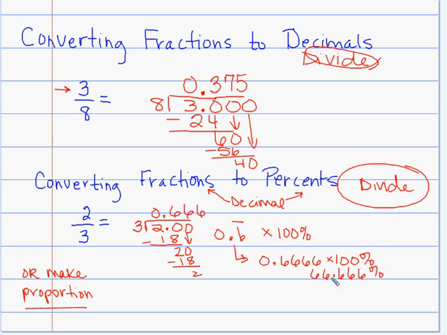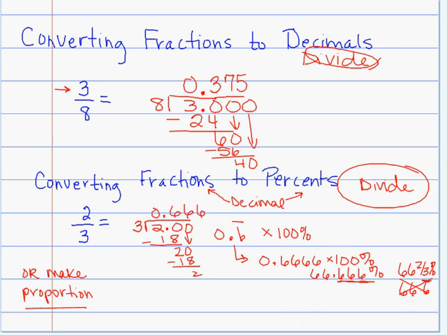Now, this repeating 6 here, you need to know is the same thing as a fraction 2/3. So you can write this as 66 2/3%. When it's a repeating decimal, I would rather you didn't write it like this. Okay, don't do that. You need to know what that repeating decimal is as a fraction.